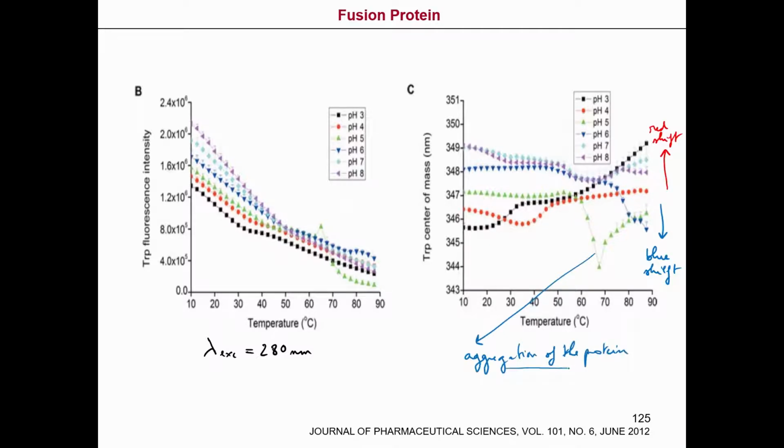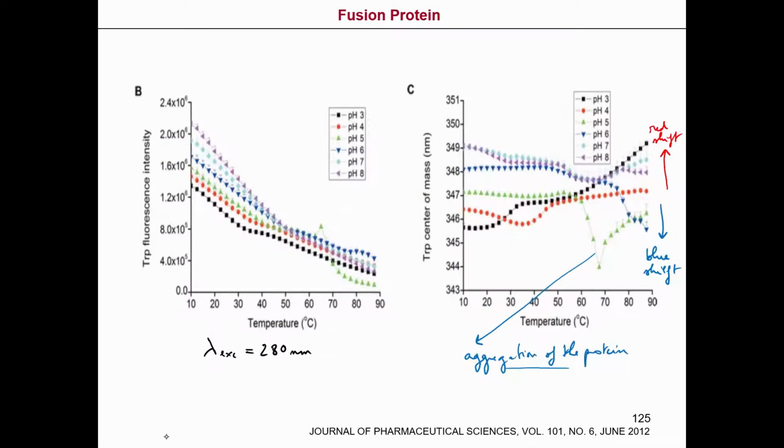Okay, and this aggregation, this coagulation of the proteins, is something the pharmaceutical industry tries to avoid. Aggregation is one of the major physical degradations for proteins in the pharmaceutical industry, and this is the most important thing they try to avoid.